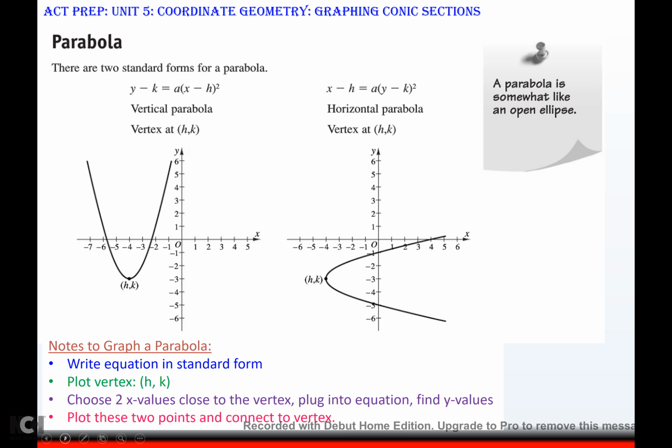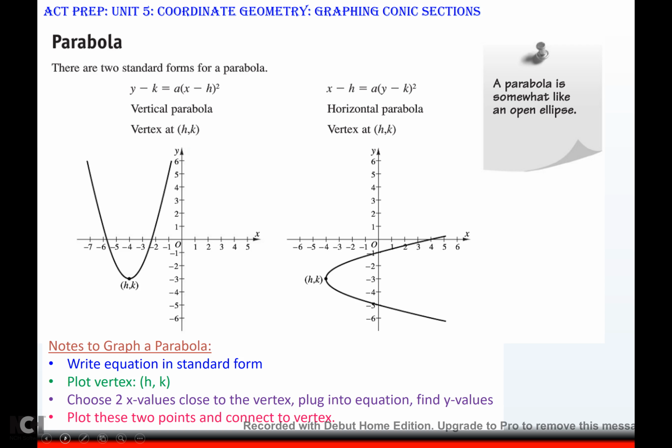Alright, your parabola. There are 2 standard forms for a parabola. You either have y minus k equals a parentheses x minus h squared. And there are lots of different forms for this, guys, but what they're calling standard form is what I call vertex form.